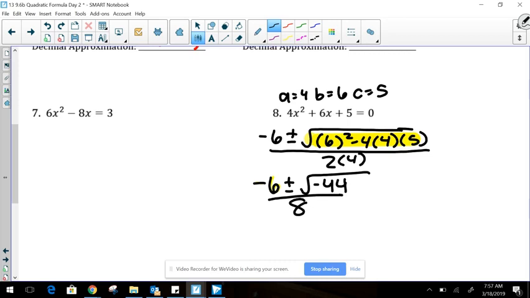Okay, so when I do one of these, so I start with, say, the plus sign. So negative 6 plus square root of negative 44, and then enter. What does your calculator say? It should say domain error or something like that.